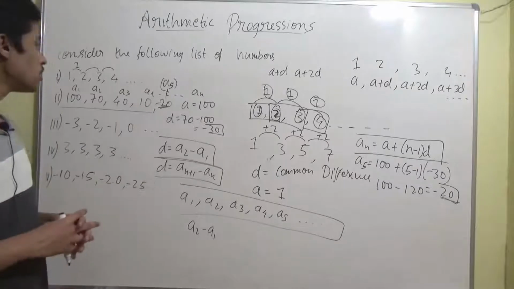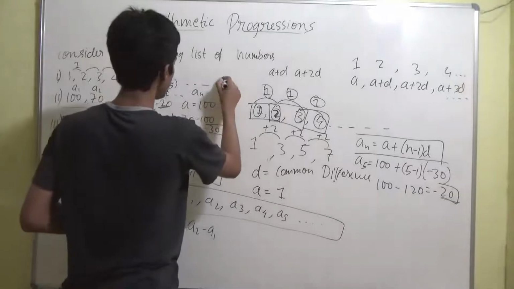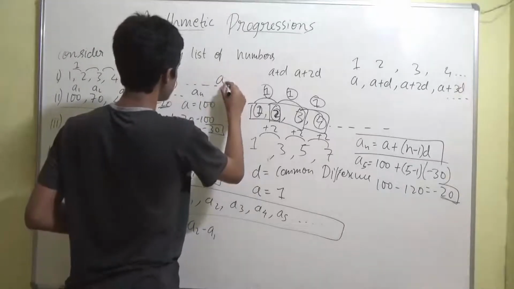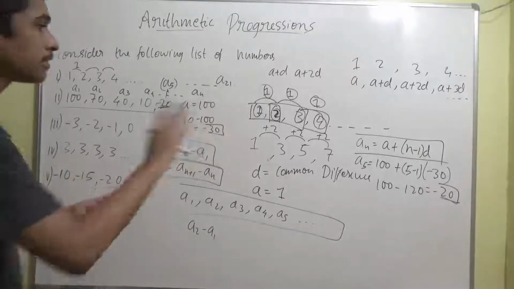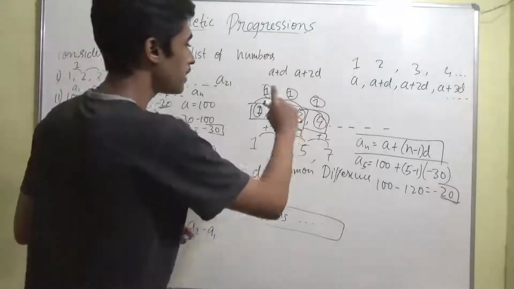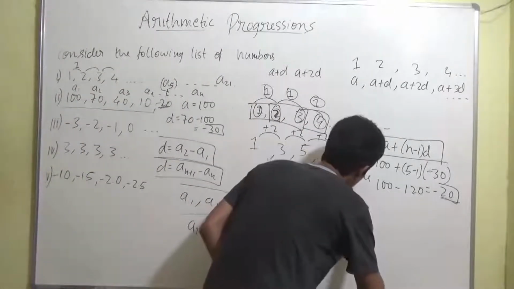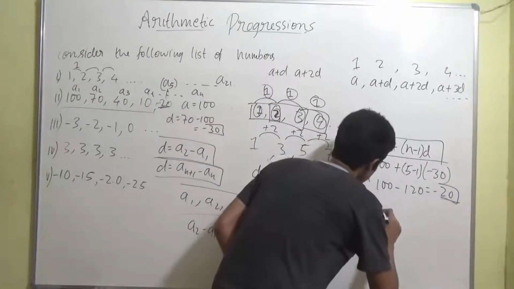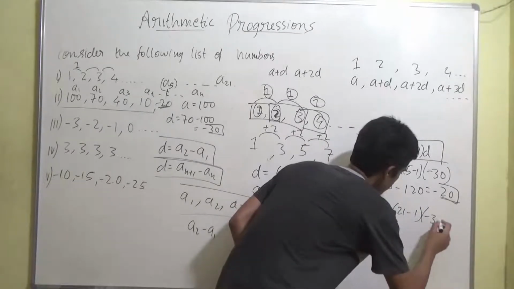Now, for example, if you want to find the 21st term in this same series, we'll just put the value of A and D in that equation, and in place of n we'll put 21. So A of 21 equals A, which is 100, plus n minus 1, which is 21 minus 1, into D, which is minus 30.